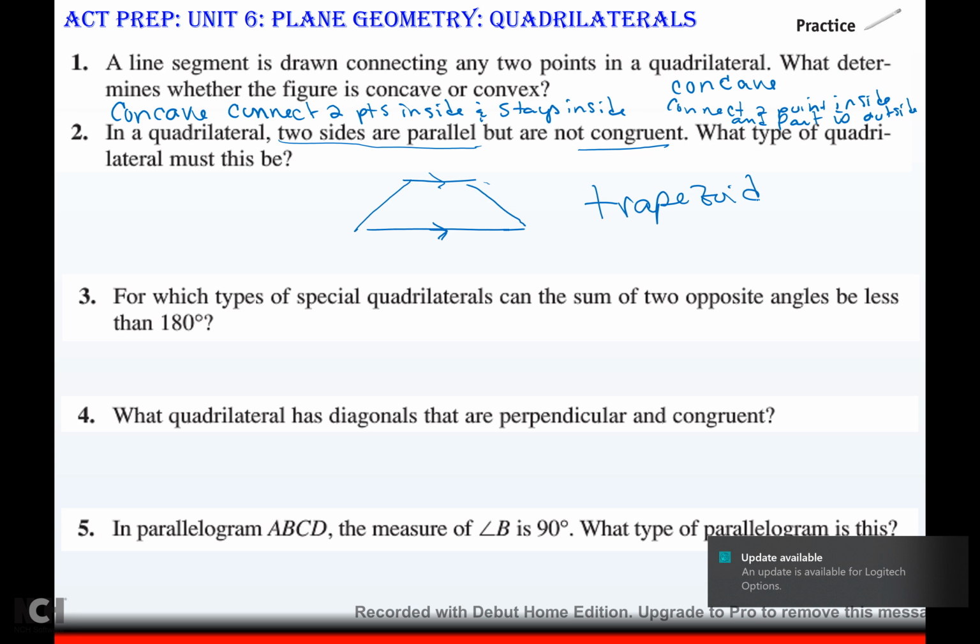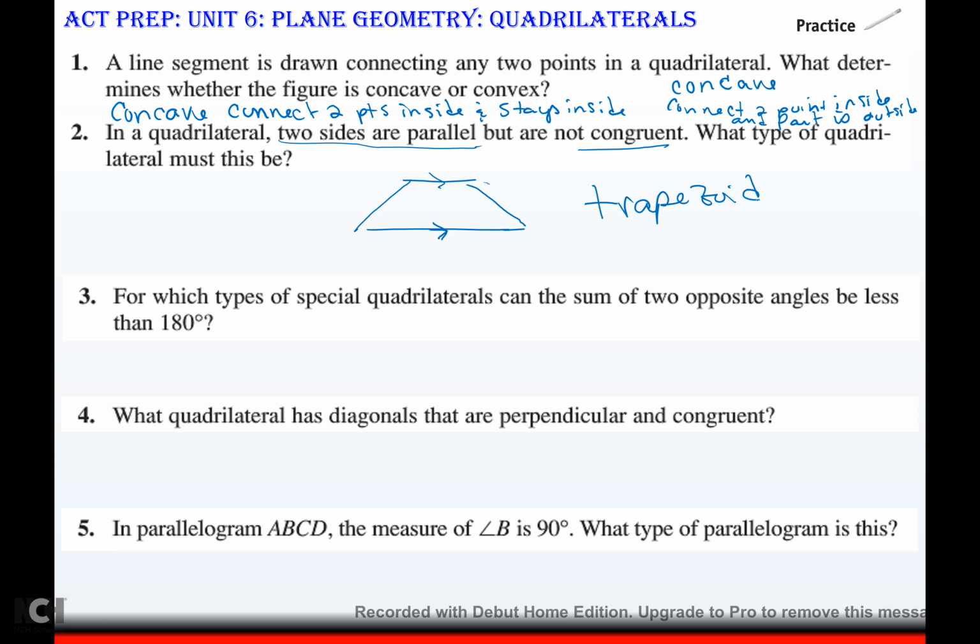3, for which types of special quadrilaterals can the sum of 2 opposite angles be less than 180 degrees? Well, if you do a parallelogram that isn't a rectangle, it can't be a rectangle. Sorry about my handwriting.